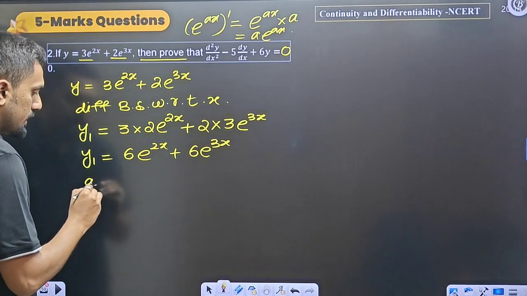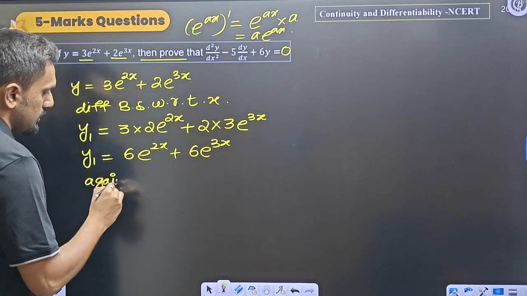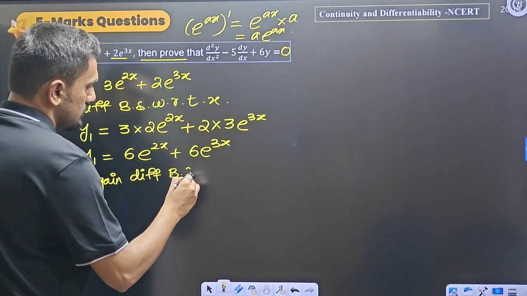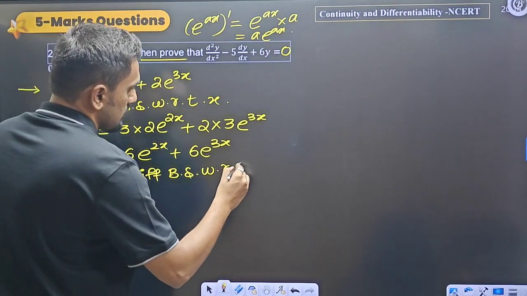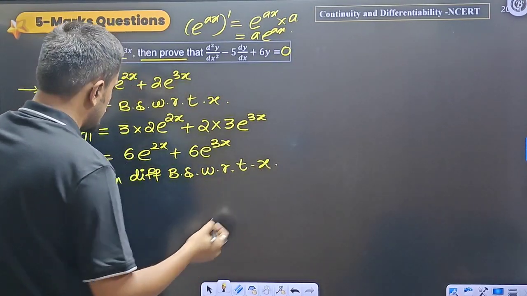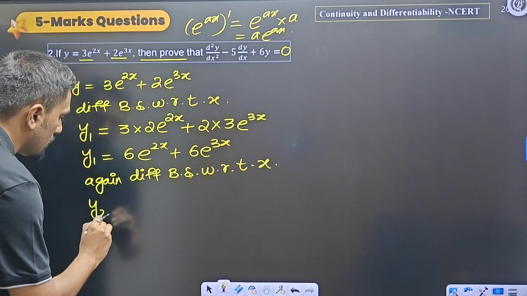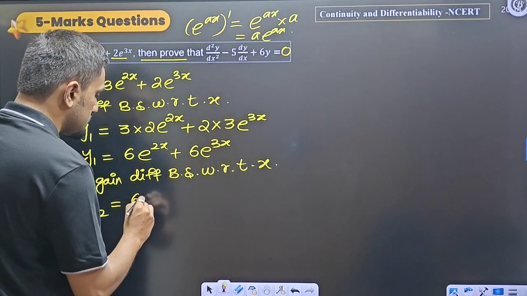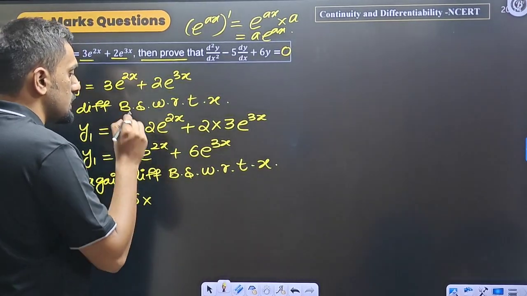Okay, so again differentiating both sides with respect to x, then I will get y2 or d square y by dx square is equals to 6 as it is. What is the derivative of e raised to the power 2x?